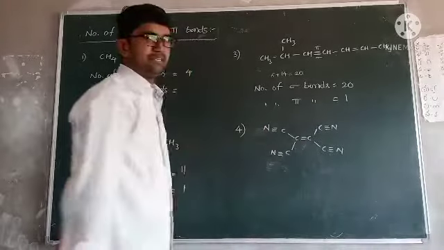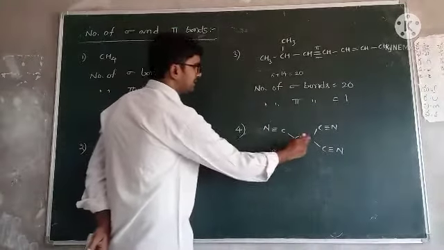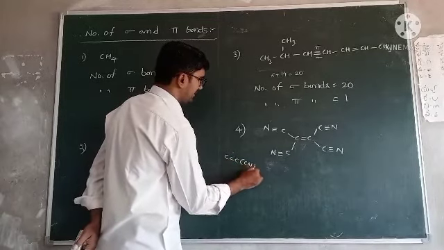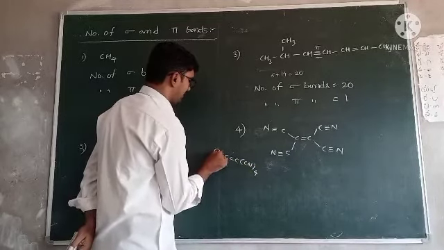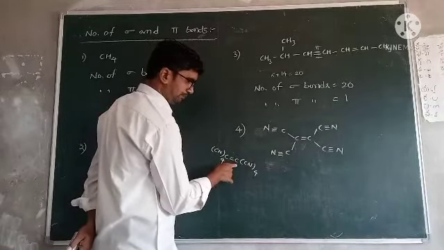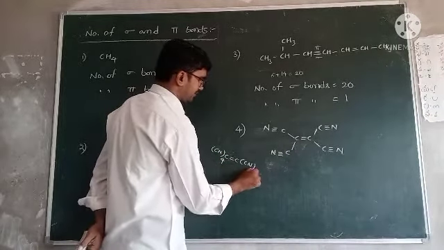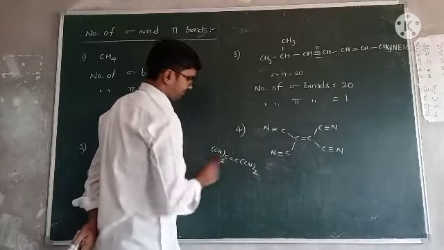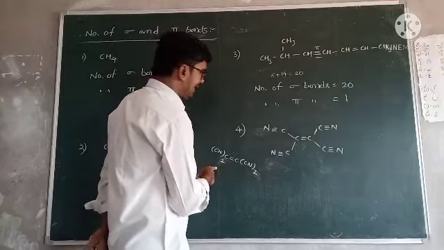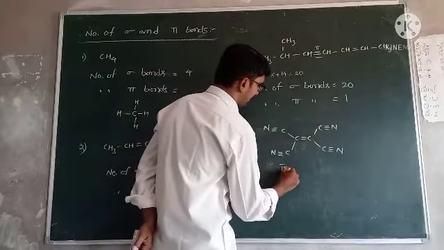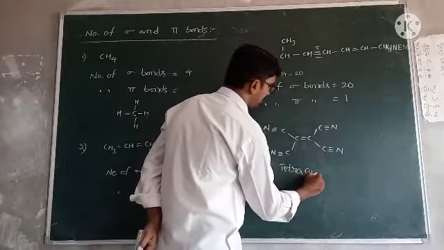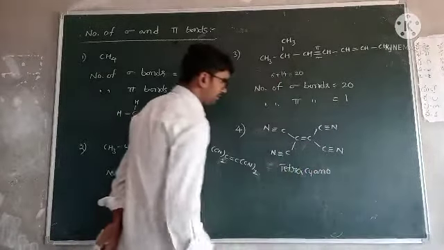Actually, this is a simple compound with a name. This is C double bond C, with 4 CN, twice, 2 cyanide groups on each side, so 4 cyanide groups. Tetra means 4 cyano groups.